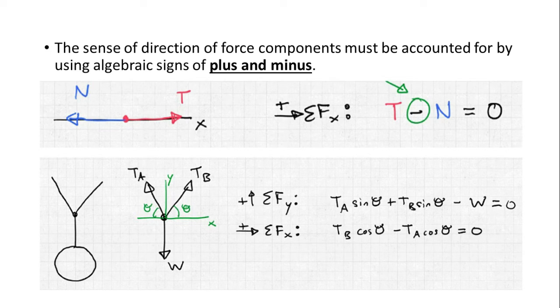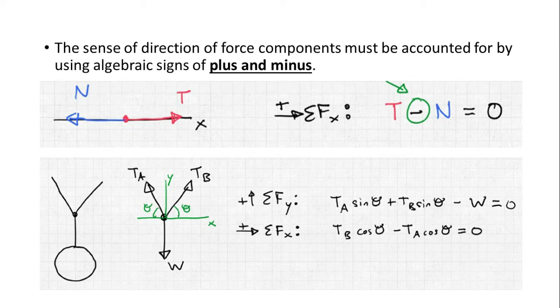So exactly you will follow the same approach. You will write plus T and then minus N is equal to 0, and if you simplify it you will see that T is equal to N. So this is a very simple equation about the x-axis.